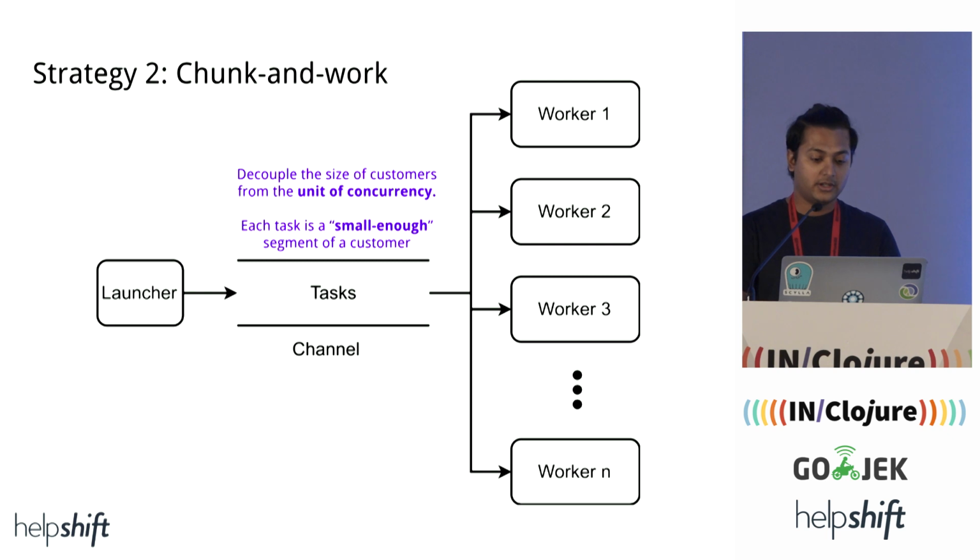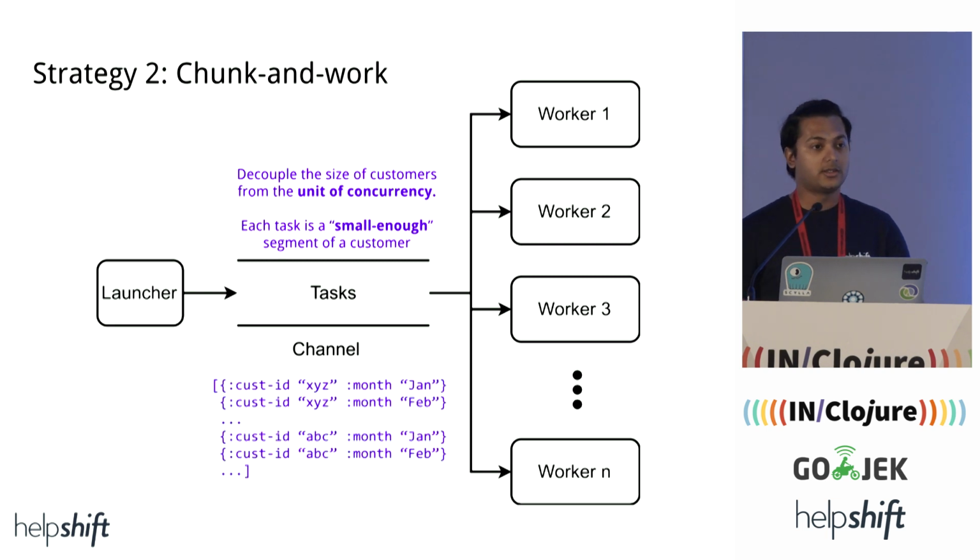So that is what the second approach is about, where we are not submitting an entire customer's data as a task for our threads to execute, but we are saying that it is not one customer that you have to execute at once, it is just a segment of my customer data.